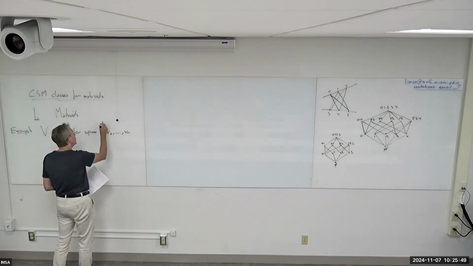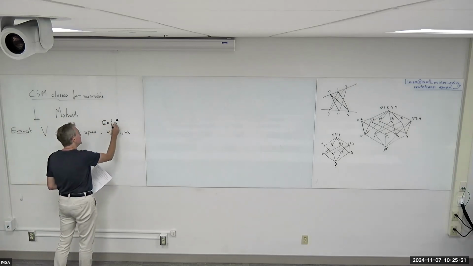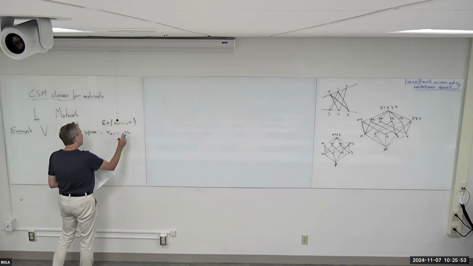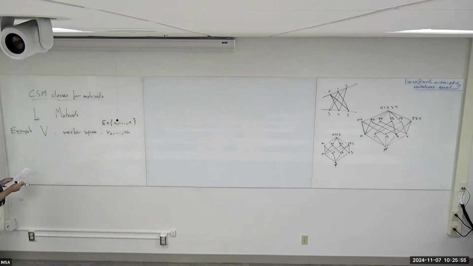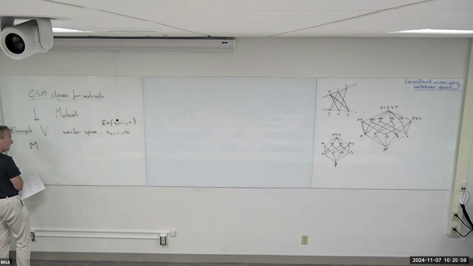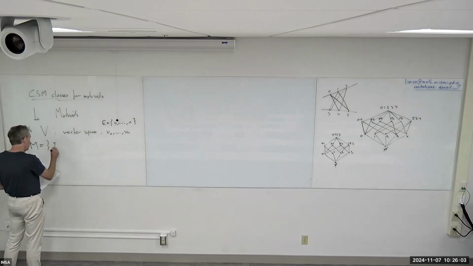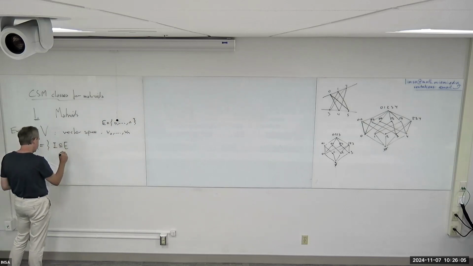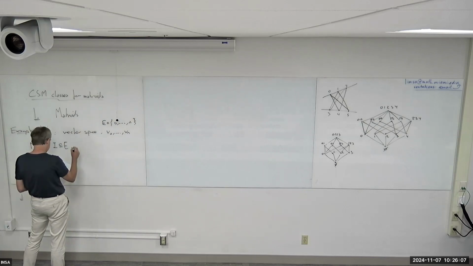In fact, let me give a name to the indices, from 0 to n. And I encourage you to think about the following. M, as in matroid, is a set of linearly independent subsets of this collection.